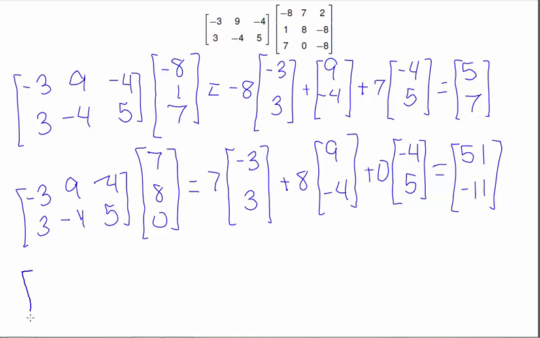So now we need to repeat this process one more time. This time for the third column of my matrix B, which is 2, -8, -8.